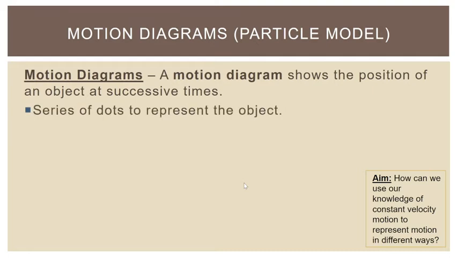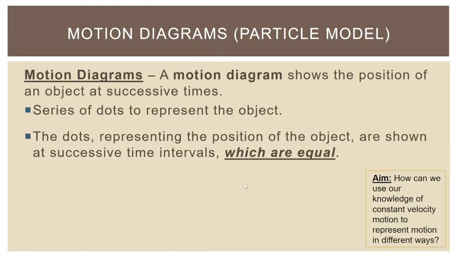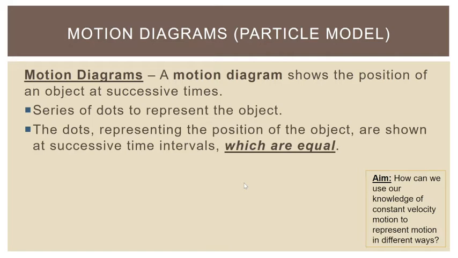So, a series of dots are drawn to represent the object. We use a series of dots to represent the object. The dots, which are representing the position of the object, are shown at successive time intervals which are equal. And that's super important. The time interval shown in all of these diagrams is equal.